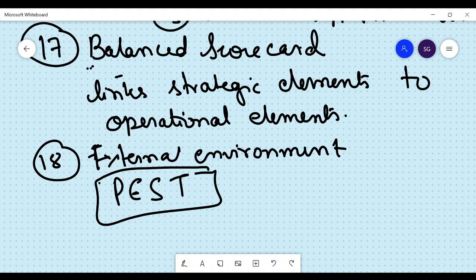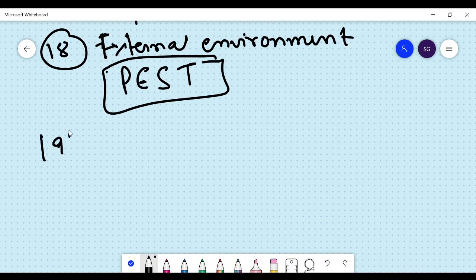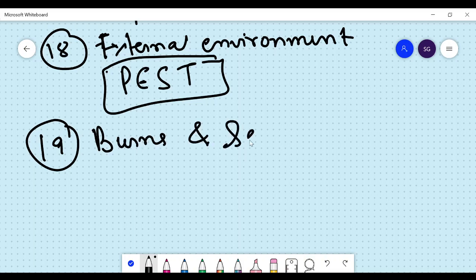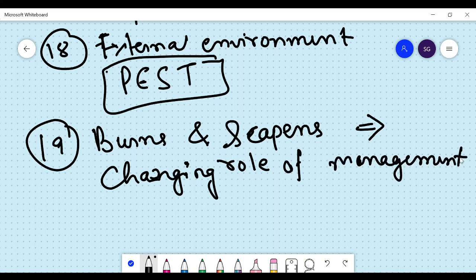The last point is point number 19, Burns and Scapens. Burns and Scapens have told us about the changing role of management accountant.